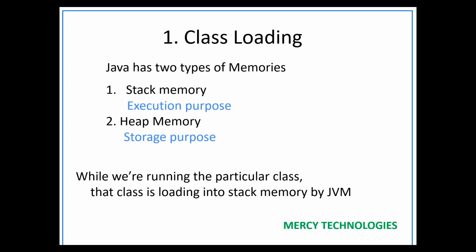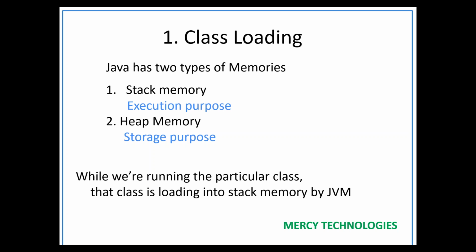As a basic example for heap memory, you can consider a hard disk. It is a kind of permanent storage, mainly used for storing data. In the same way, heap memory is mainly used for storing the objects.